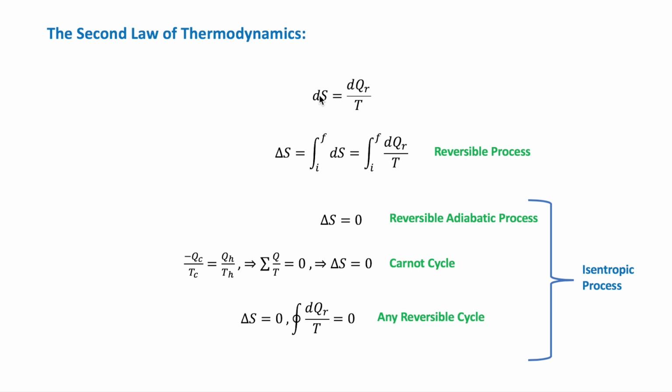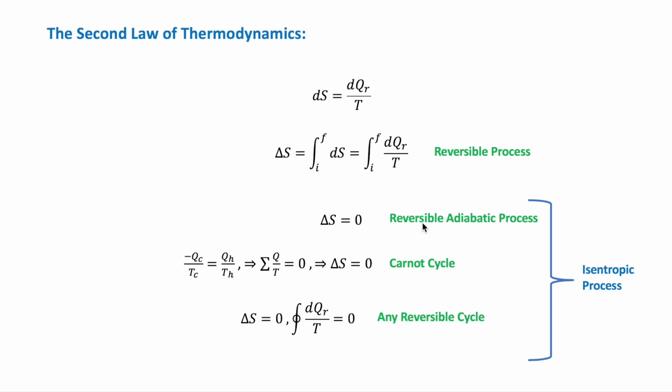And if energy is expelled by the system, dQr is negative and entropy will decrease. So for a finite arbitrary reversible process, delta S is equal to the integral from initial to final of dQr over T. Okay.